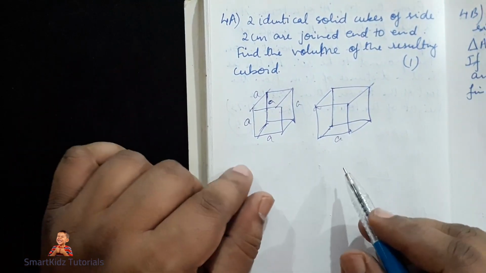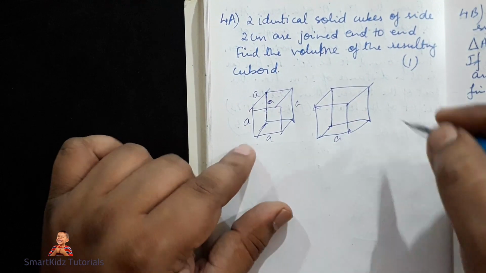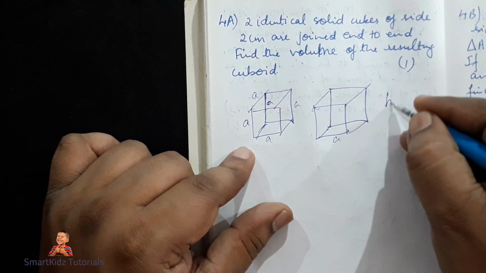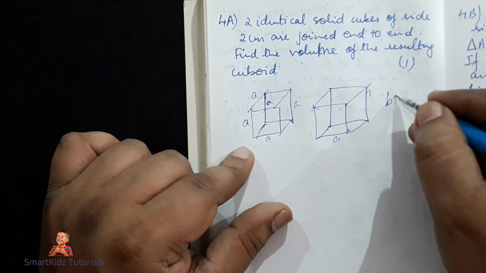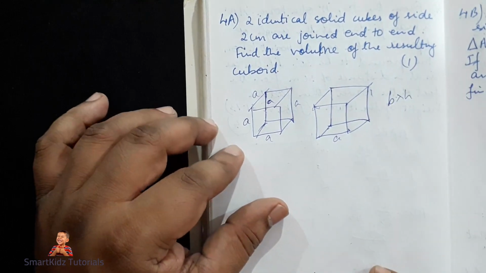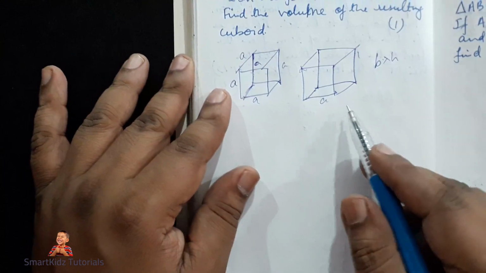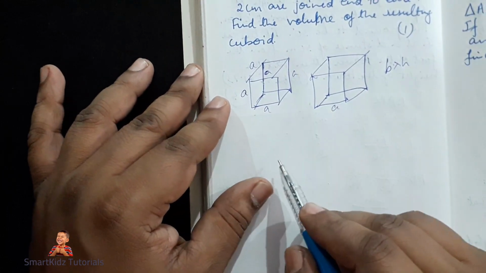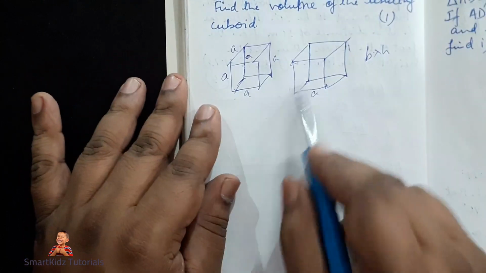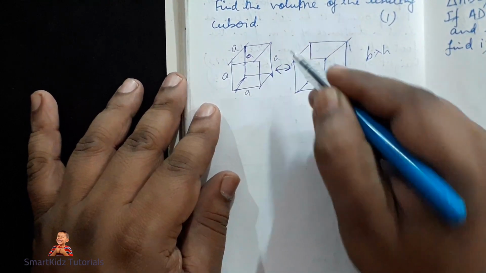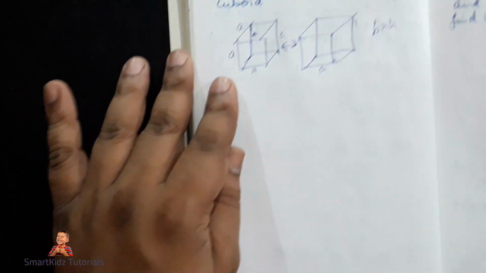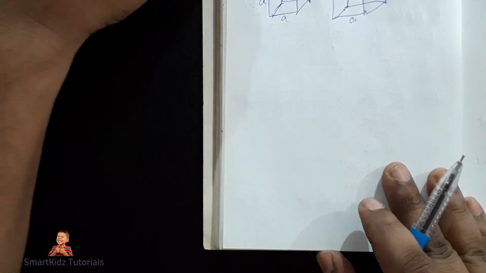So when you join two cubes together, their breadth and their height will remain the same, but their length, when these two are joined together, then they will add to each other. I'll show you how. Okay, so if we join these two together, then we'll end up with a figure which is somewhat like this. Okay, I'll draw this so that you understand it better.